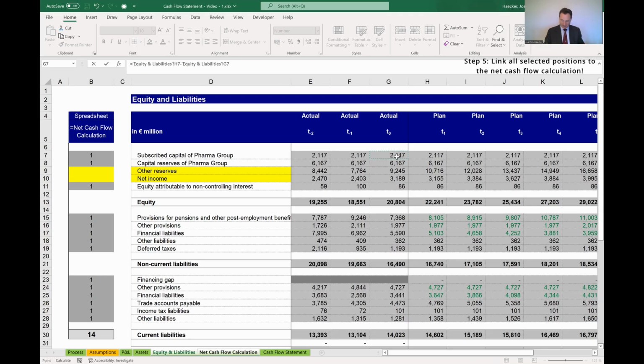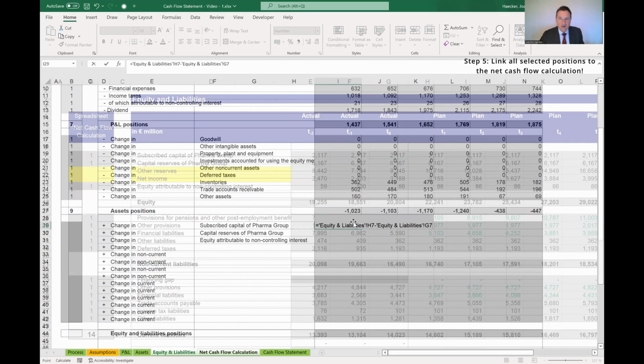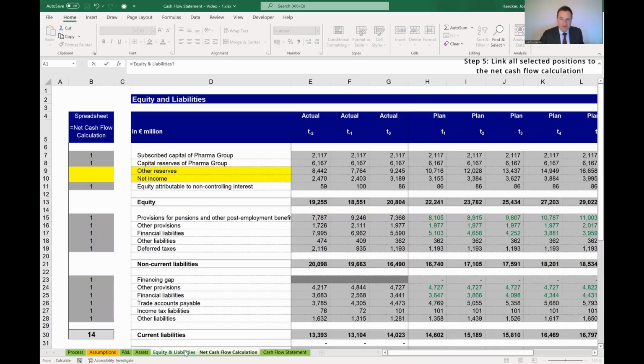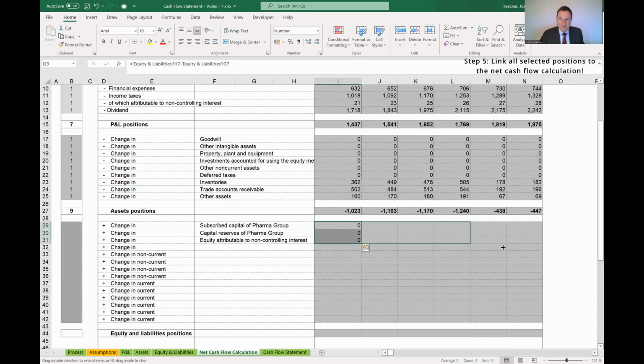So no capital increase occurred. The capital reserves didn't change, and the equity attributable to the non-controlling interest, here in our case, also has no change. And we are done with this position.